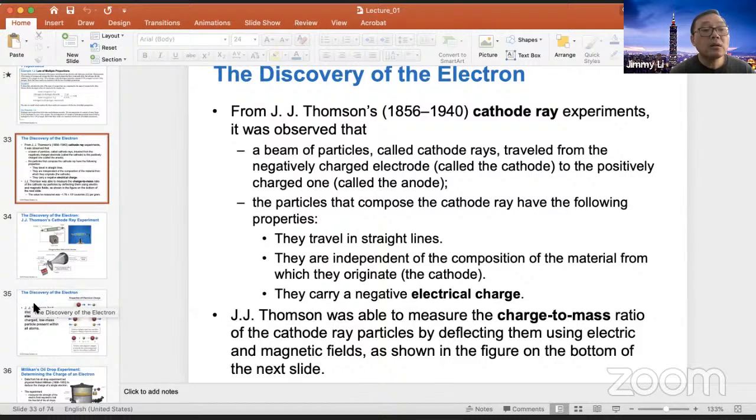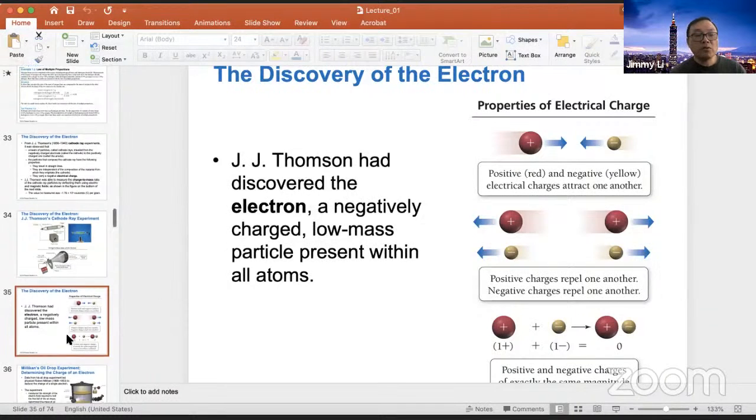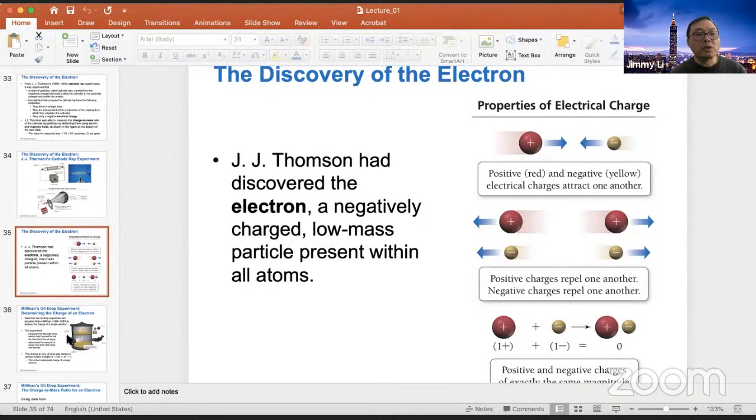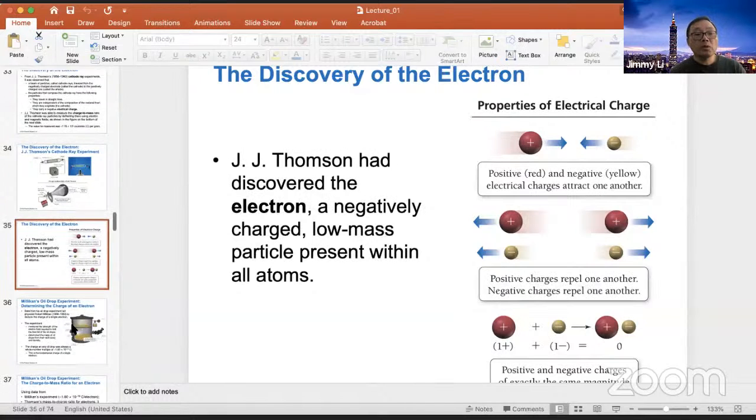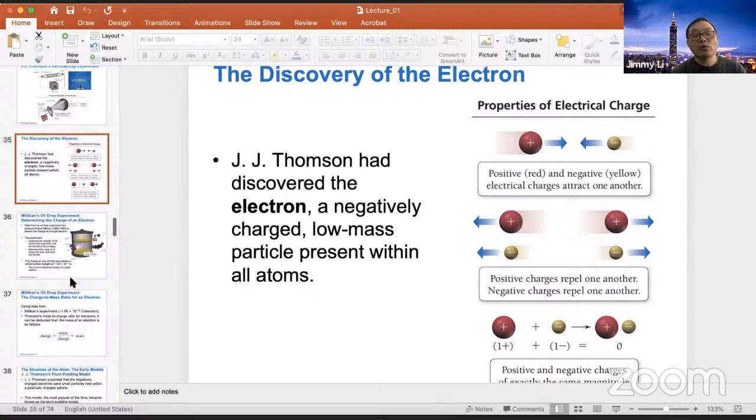That's what Thomson and Millikan concluded about electrons. So not only Thomson, there's also Millikan's achievement here. Make sure you read slides 35 and 36 to understand the great accomplishment by these two scientists.